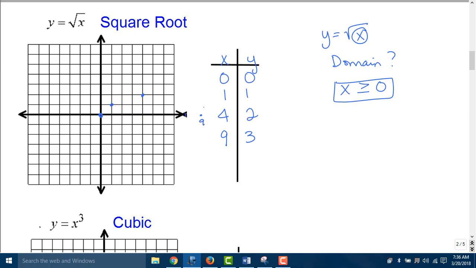So way out here at 9, I would go up to 3. And so what happens is, if you think about it, it should look like half a parabola, or half a quadratic turned on its side. So our domain is different, but we still have those two common points.